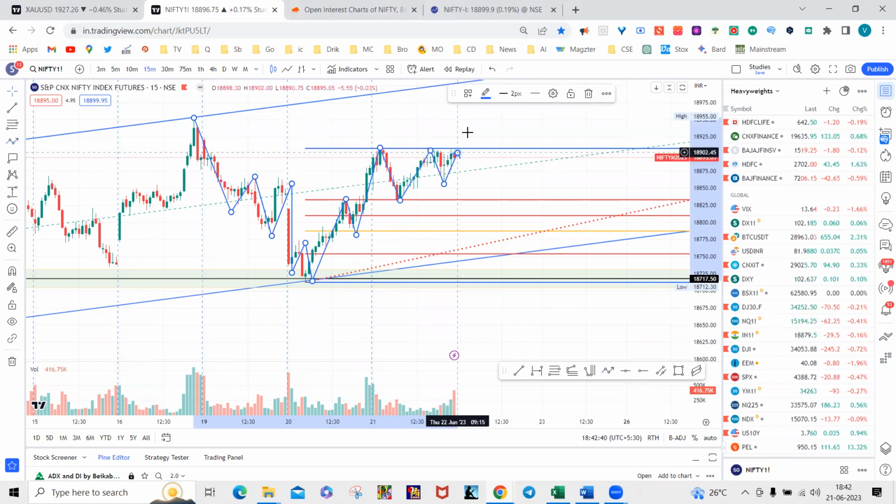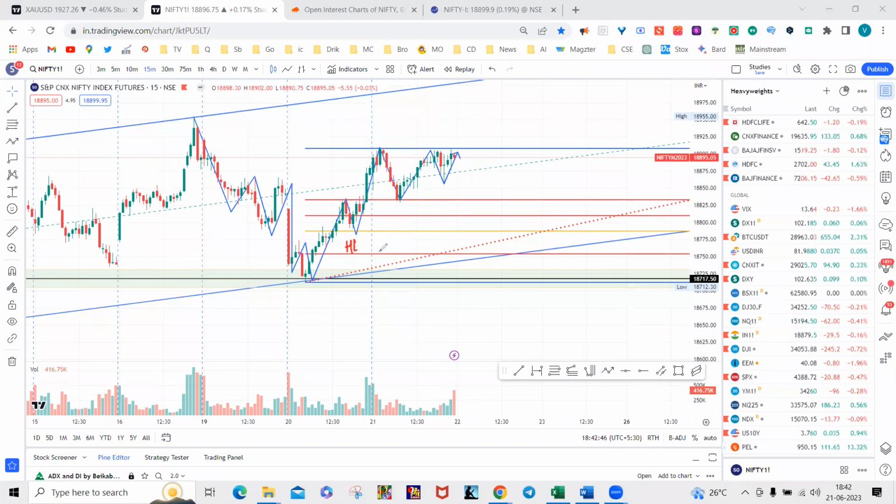So it has confirmed it through two higher lows, and it has made a higher high a couple of times. And this higher high has broken the previous lower high. So on a lower time frame, there is a change of trend.